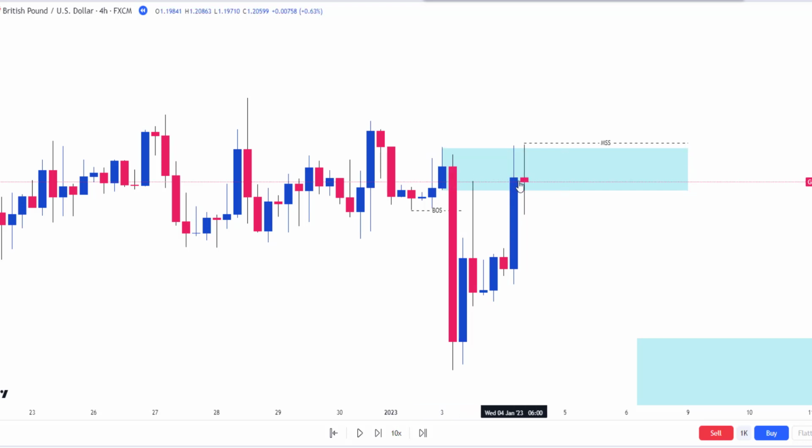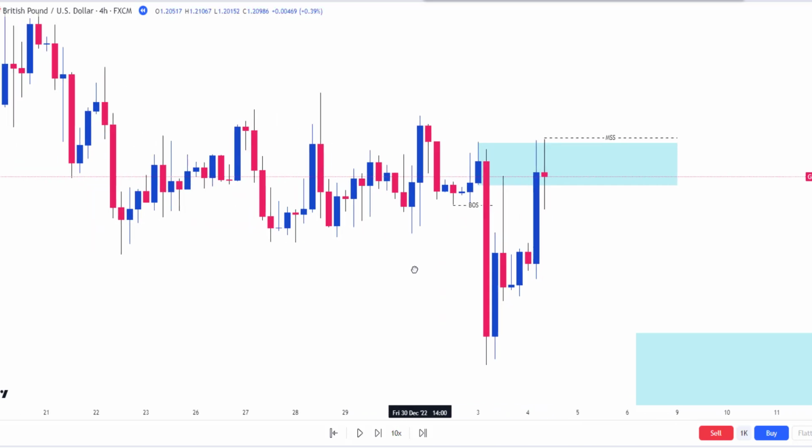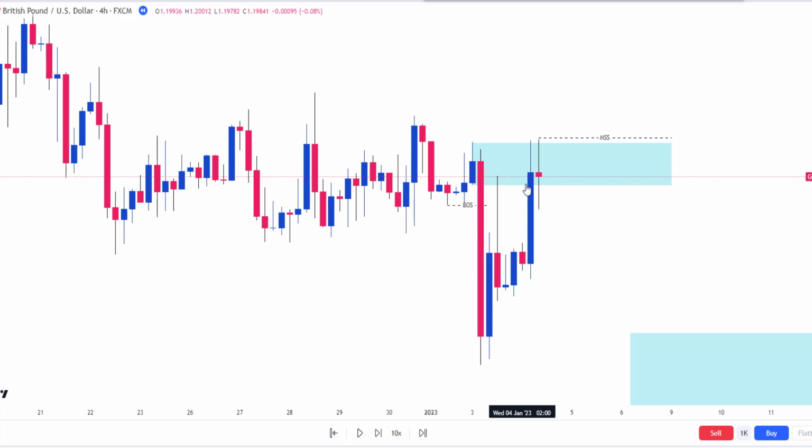Notice how the bodies of the candles are respecting it. The bodies of the candles, like this one, are respecting it. Anytime you see the body of the candle closes above the order block, that order block is not a valid order block. But notice how the bodies of the candles, like this one and this one, are closing inside the order block while the wicks are pushing above it.